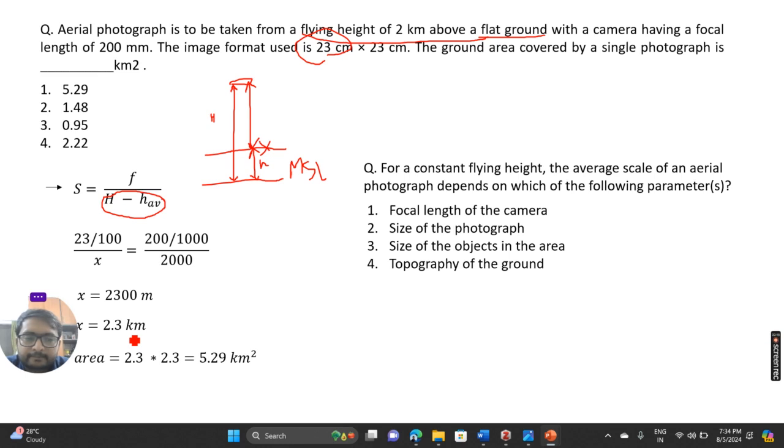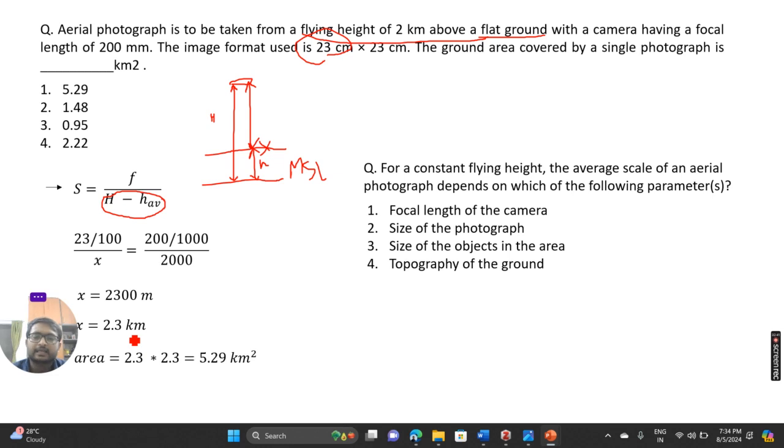This is a multiple choice question, so more than one answer can be right. The focal length of camera and topography of ground. In the formula, you can see that S is equal to focal length divided by H minus H average. So if capital H is constant, then it depends on two parameters, small f and H average.